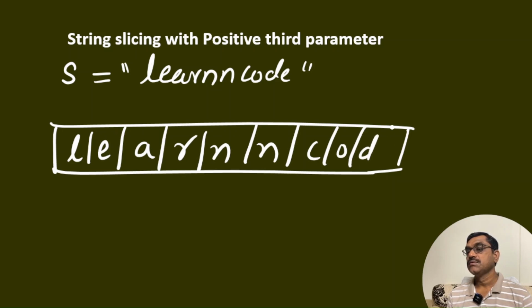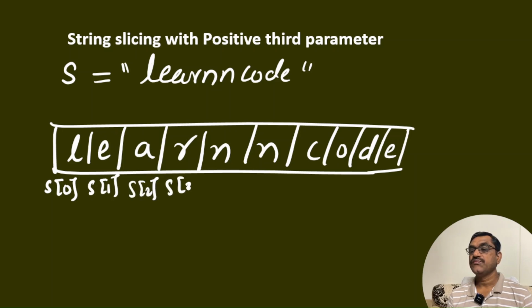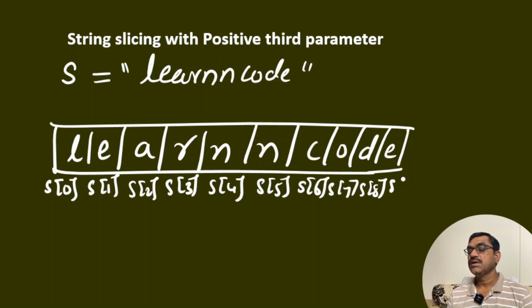LEARNCode, right? This is the string we have given. And we know that this is S of 0 and S of 1, S of 2, S of 3, and S of 4. Clearly, we have to mention the indexes like this: S of 7, S of 8, S of 9.